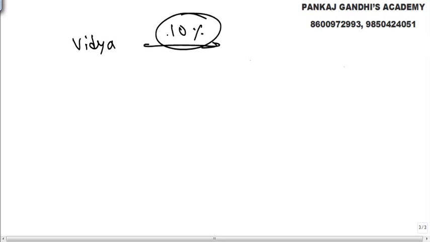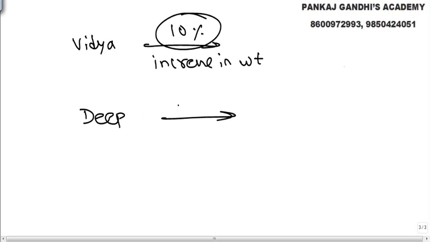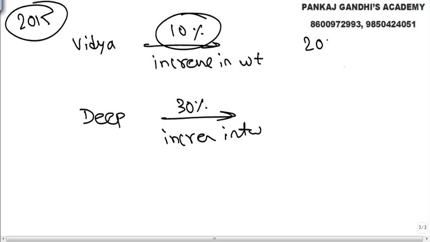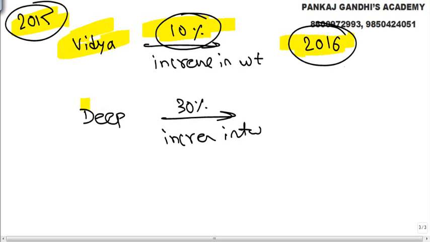One more example, let's say I tell you, पर्सन, एक लड़की है विद्या, इस साल वजन बढ़ा 10%, 10% इंक्रीज इन वेट. एंड एक है सुक्की दीपिका, she increased by 30% in weight. Who is more this year? 2015 to 2016, Vidya grew by 10%, Deepika grew 30%.